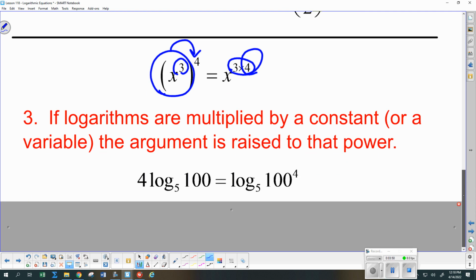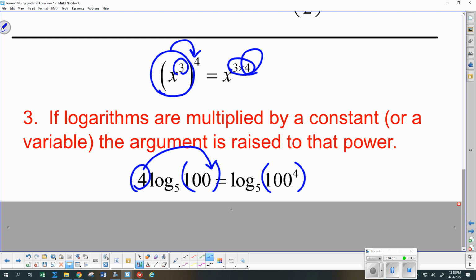So if I have 4 log 100, I can take that 4 from out in front and bring it over here as an exponent on my argument so that I have 100 to the 4th power.